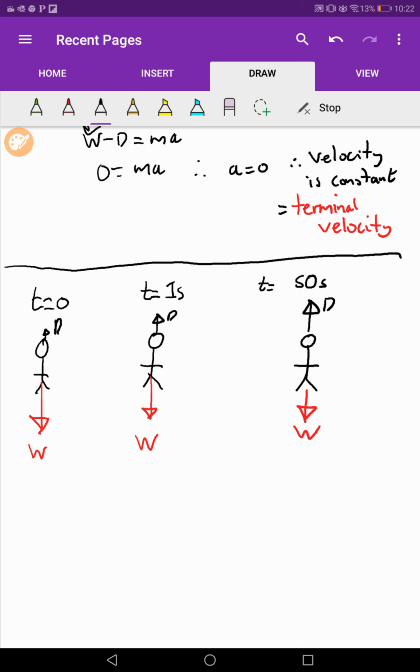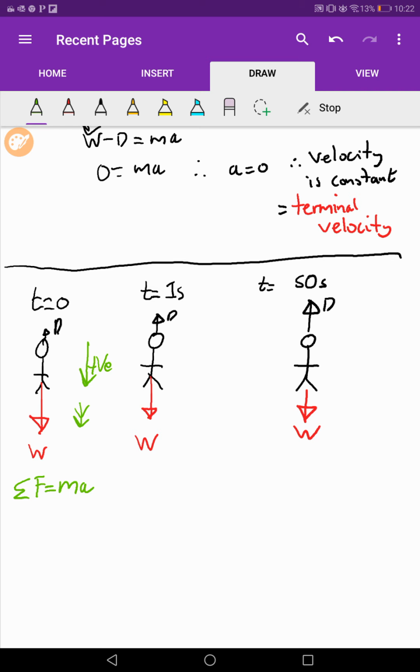Now, let's just do our sum of our forces equals ma on each of these. Let's see what happens. So, sum of the forces equals ma. Here, we're going downwards, so we have downwards as our positive direction all the time. And our acceleration is obviously downwards because we're jumping out of a plane.